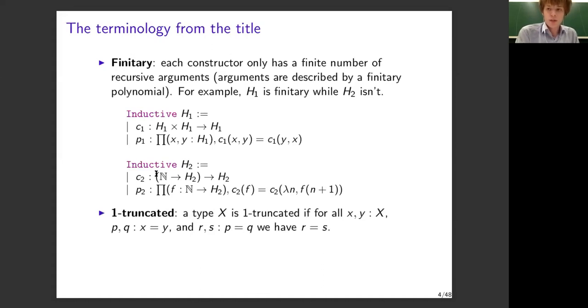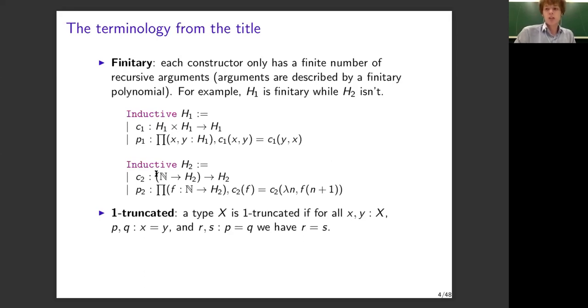Another piece of terminology in the title is one-truncated. We say that a type is one-truncated if for every two points x and y, every two paths p and q of type x equals y, and every two paths r and s of type p equals q, we have r equals s.